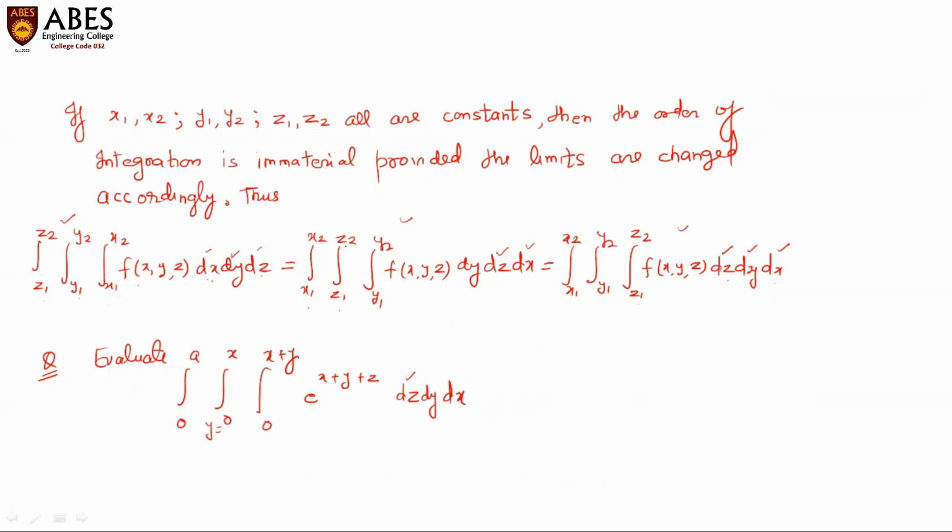Similarly, if the question is given in the form triple integration of function f(x, y, z) dy dz dx, then we will integrate with respect to y first, then with respect to z, and in the last with respect to x.